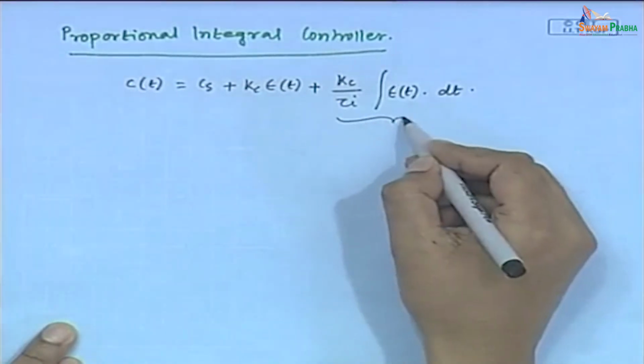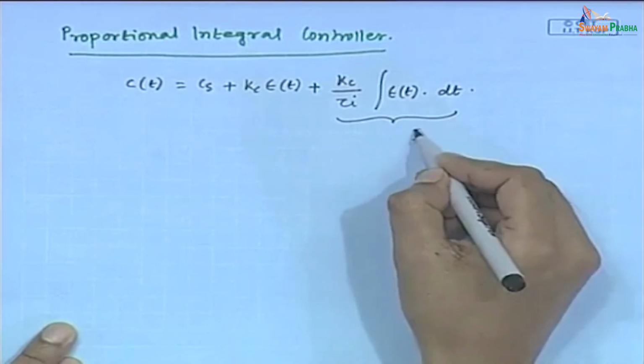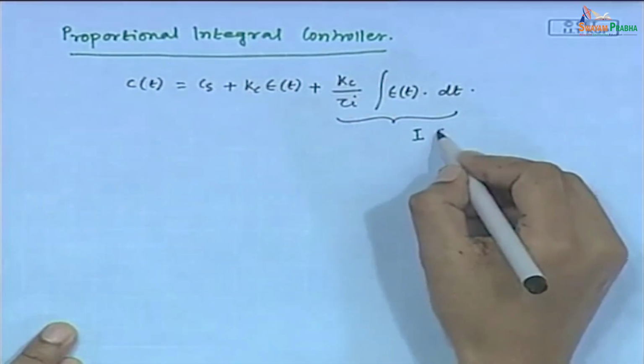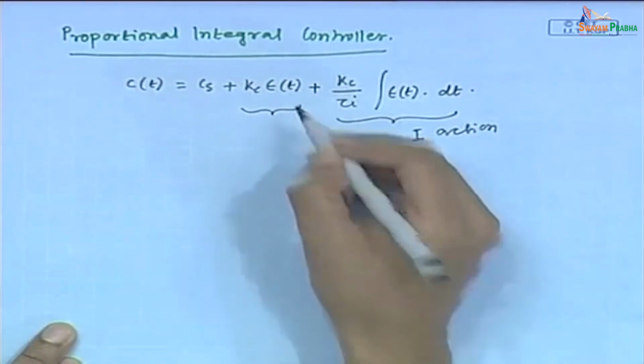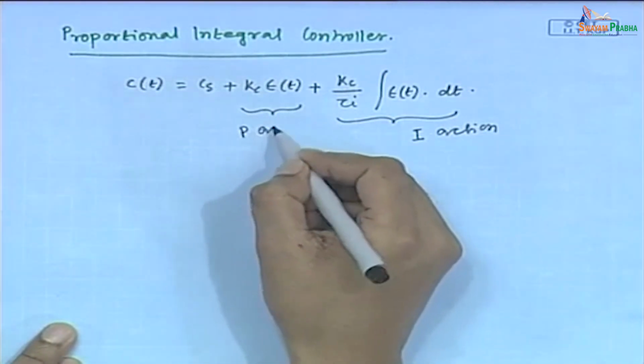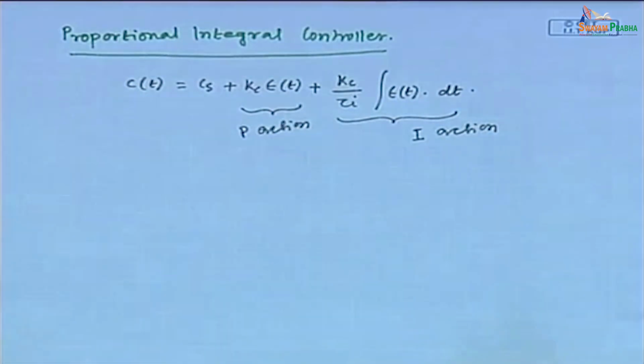So, this is the integral action and this is the proportional action. Combining these two actions, we obtain PI controller.